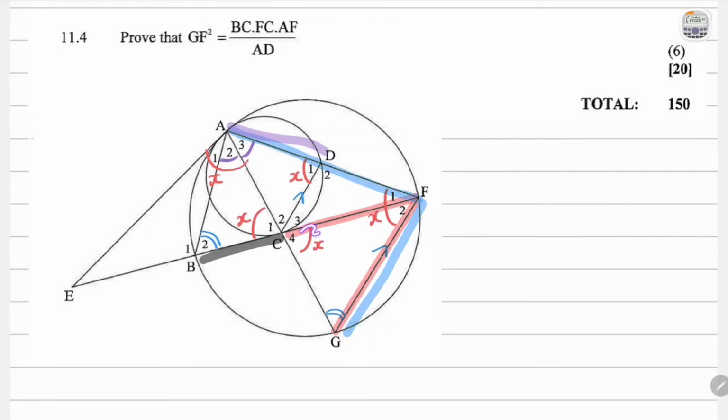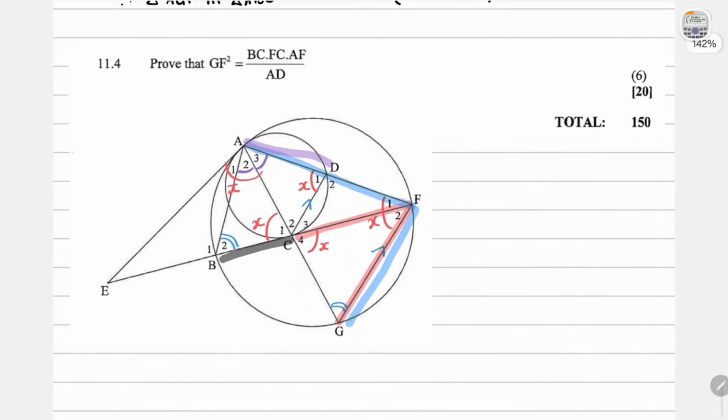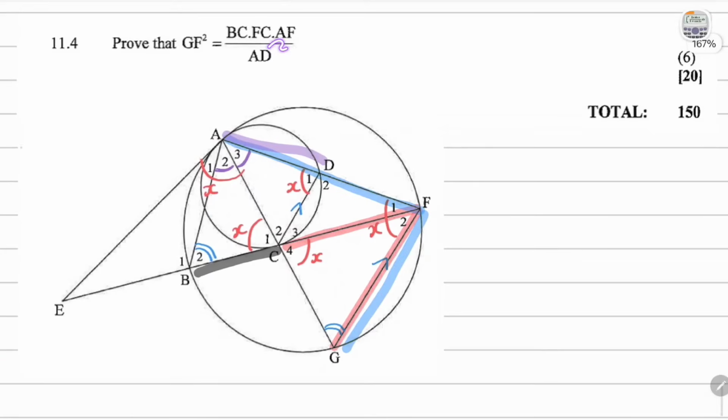And now we can also see that these two would be similar, because they have vertically opposite angles. They've got these two being equal, and they've just got a third angle. Okay, so all three would probably be similar, and then we'll see how we can get those dimensions.